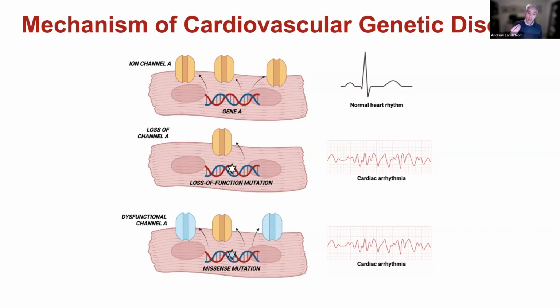So if you have a loss of function mutation, you may have fewer of those ion channels being made. If you have one of those missense variants, those single nucleotide variants, you may have abnormal ion channels made next to normal ion channels. Both can give you arrhythmias, but both will have very unique ways that they could be treated.